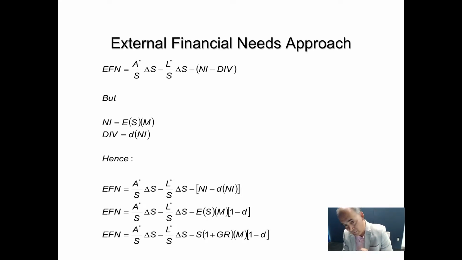So as you can see, what are the external financial needs? They are the full amount of spontaneous assets that I need to invest in order to support my growth rate for the next year, minus whatever is spontaneous that I do not need to ask for because it comes as my sales grow, minus the internal sources of funds.